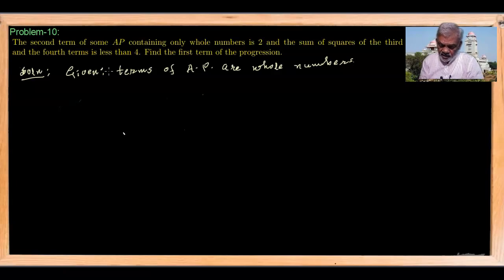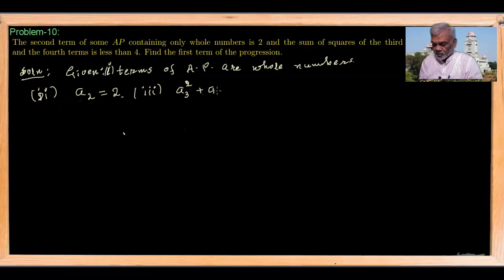And the second given thing is A2 is equal to 2. And the third one, the square of the third term plus the square of the fourth term is less than 4. With these given facts, we have to find out A1, the first term.